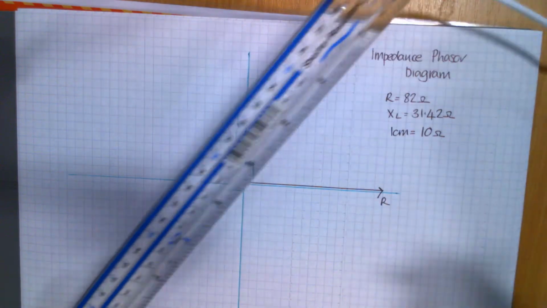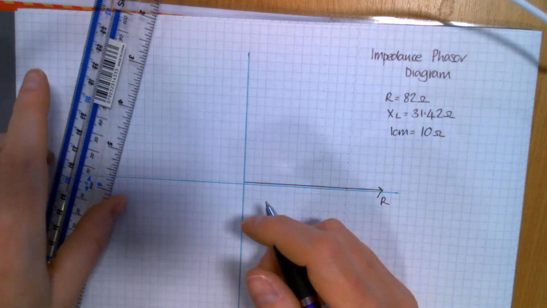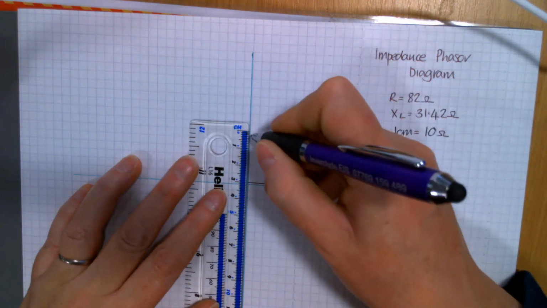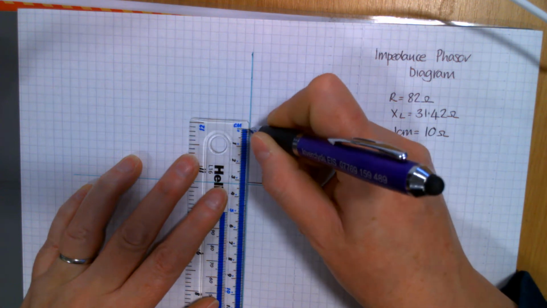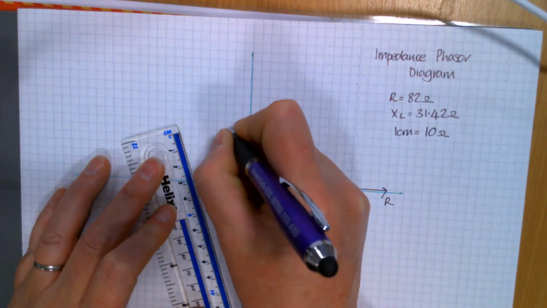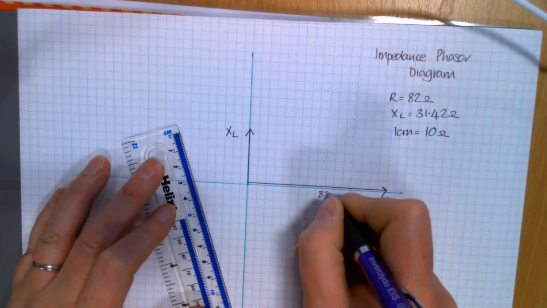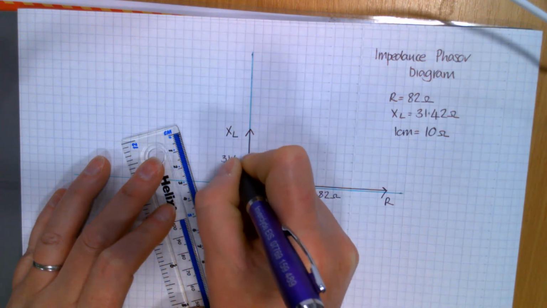That's my R. Your XL, if you remember from last week, will take you vertically upwards. 31.42, you're going to have to just do your best with that. That'll be my XL there. So my R, that's my 82 ohms, and my XL, that's my 31.42.